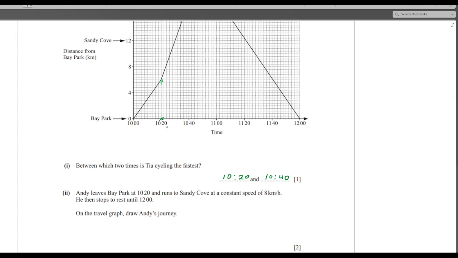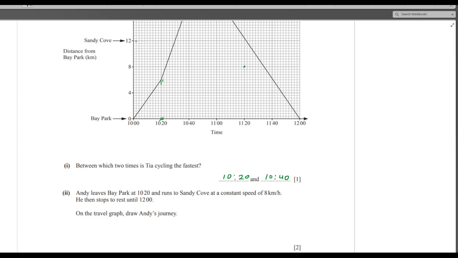So in 1 hour, from 1020 to 1120, Andy will cover a distance of 8 km. So along the y-axis, I will see where is 8. So this is your 8. Now you will join these 2 points. He then stops to rest until 12. Andy leaves Bay Park at 10:20 and runs to Sandy Cove. Now where is Sandy Cove?